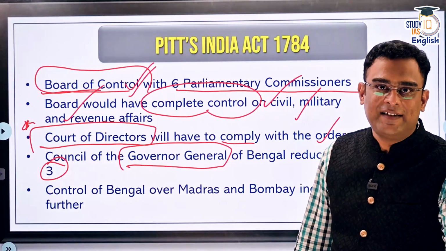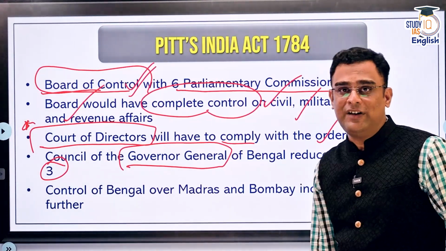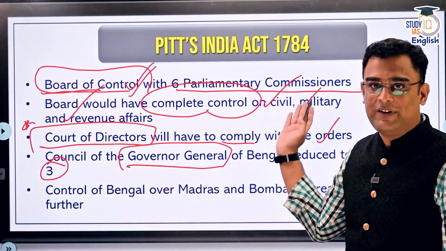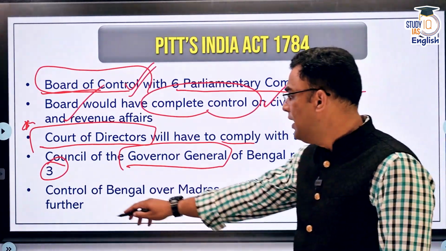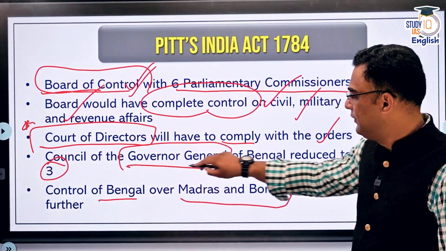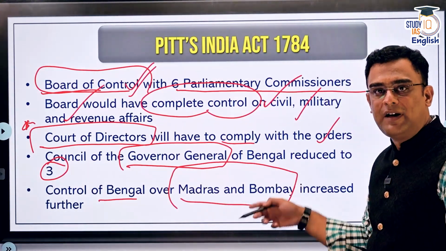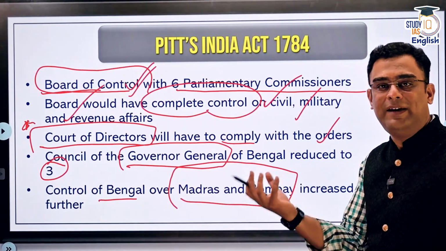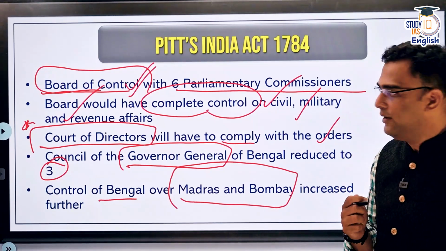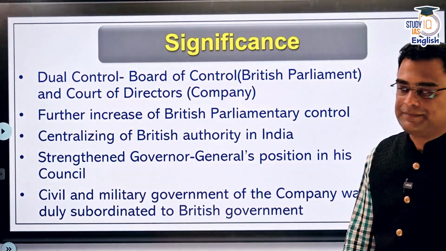Nevertheless, Warren Hastings decided that he will resign and we will have a new Governor General of Bengal from this point onwards. Control of Bengal over Madras and Bombay was further strengthened. So the trend of centralization continues. Madras and Bombay are constantly being brought under Bengal. Okay? These are the provisions of Pitt's India Act.